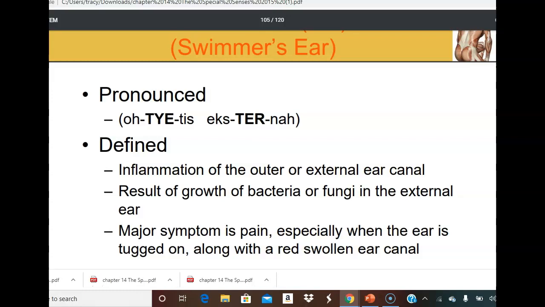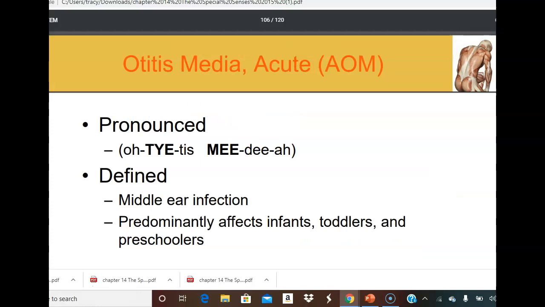It is more common in swimmers because of constant moisture in the ear canal causing it to become macerated. There are boric acid eardrops called swimmer's ear that can be utilized after people swim, that dry up the excess water and help prevent this from happening.